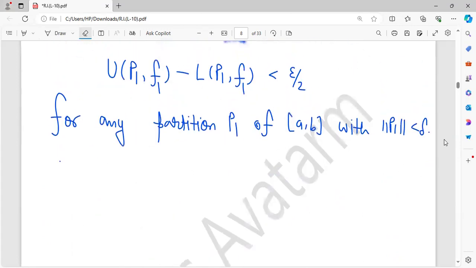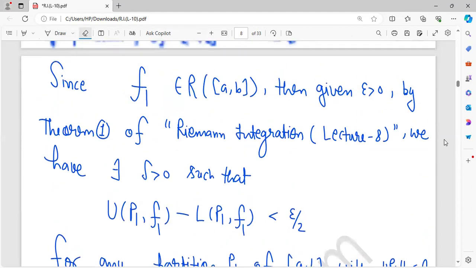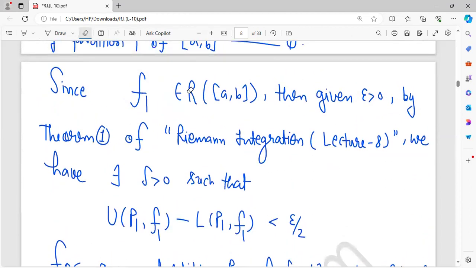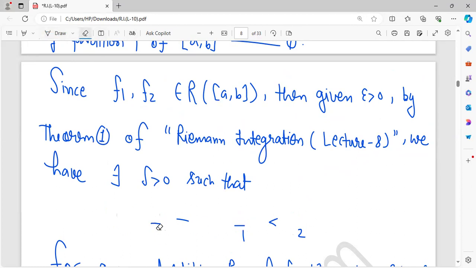So F1 and F2 both belong to R. It will be better actually. By theorem 1, they exist.